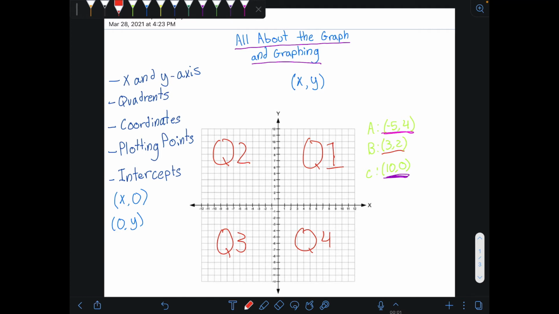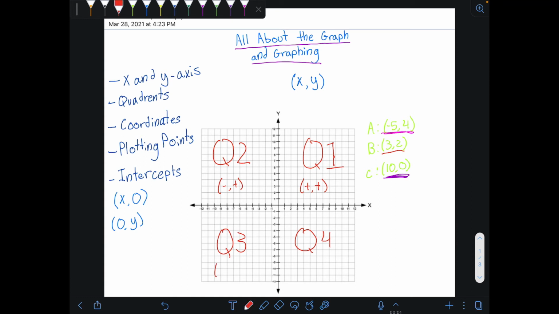So every point in quadrant 1 will be positive and positive, while in quadrant 2 it will be negative and positive. What I mean is that the x value will be negative here and the y will be positive, and in quadrant 1 they will both be positive. So that's just important.